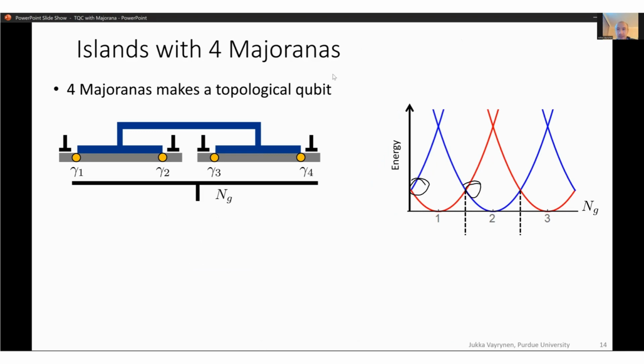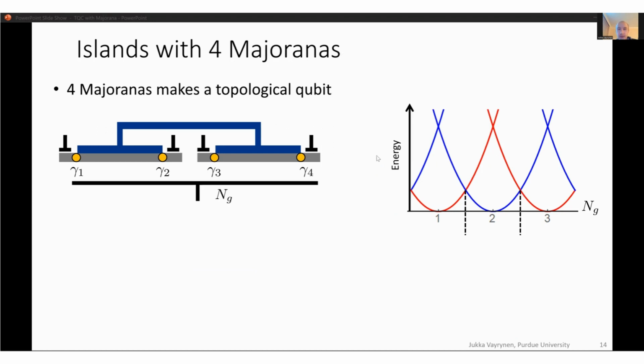But as I mentioned before, with 4 Majoranas, we can make a topological qubit. So it's useful to go over this in a bit more detail.